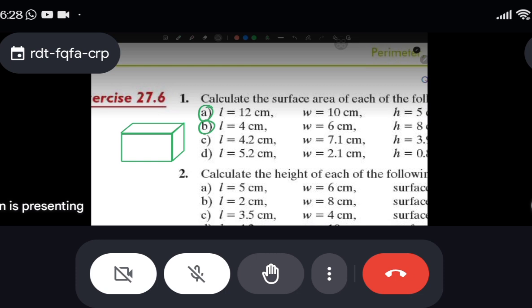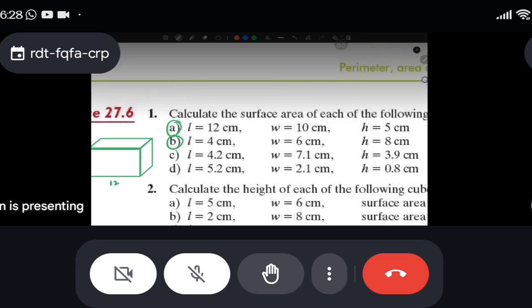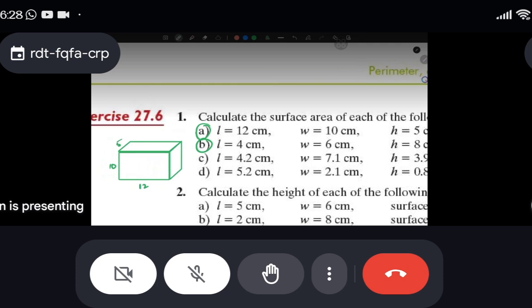So if we have the values 12, 6, no, 10 and 5, right?